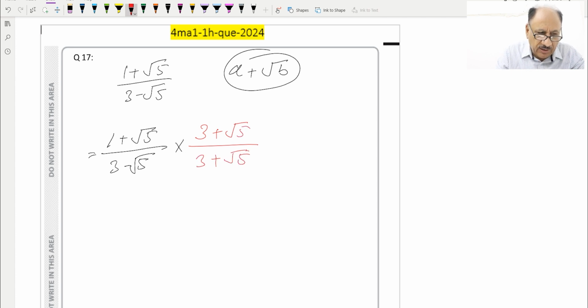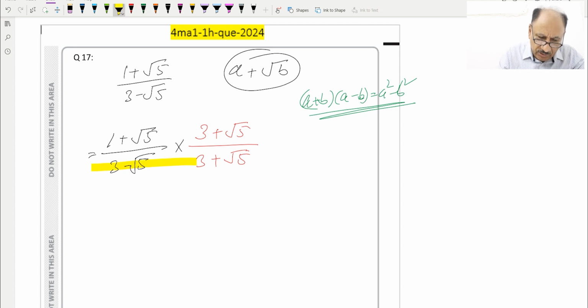Then we apply the formula: a plus b into a minus b is equal to a square minus b square. This is the formula which we will be applying. We have a plus b and a minus b, which we can change by the formula.